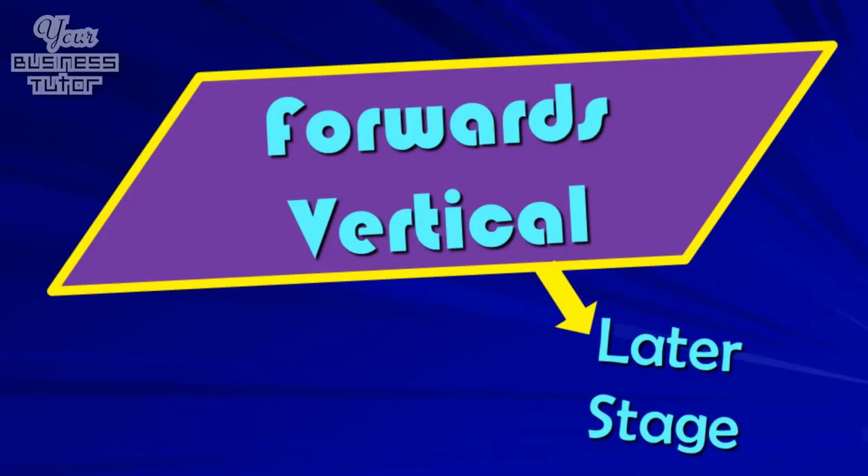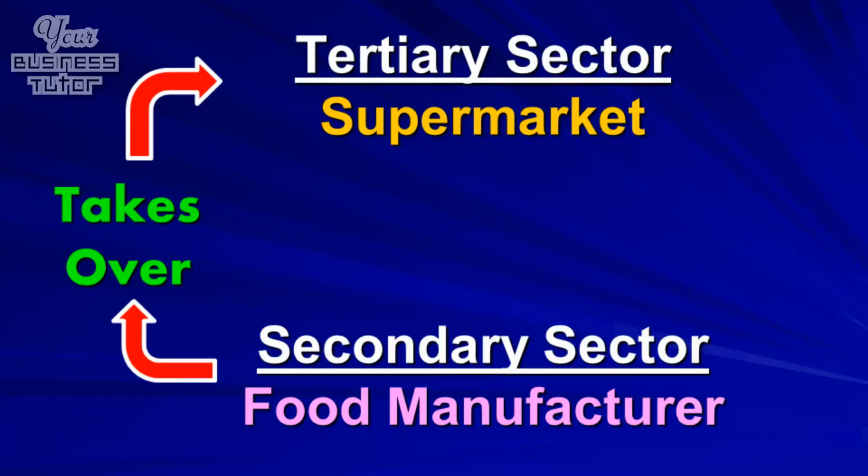First, there is forwards vertical integration, which is when a business takes over another from a later stage in the chain of production. For example, if a secondary sector organisation, like a food manufacturer, purchased a tertiary sector organisation, like a supermarket.